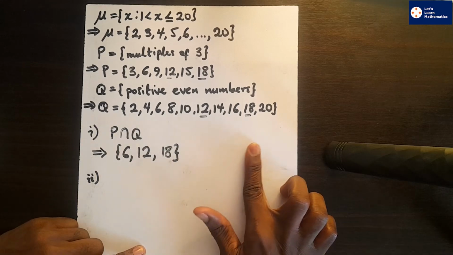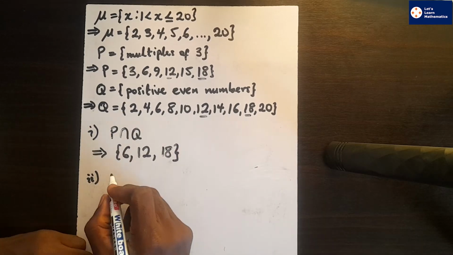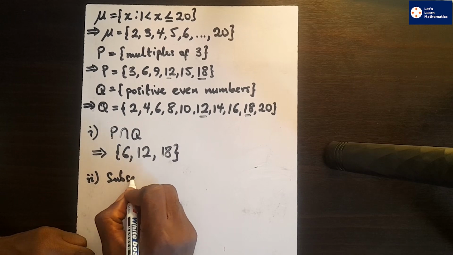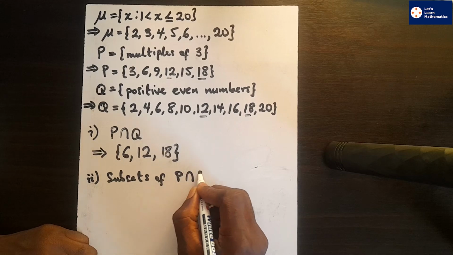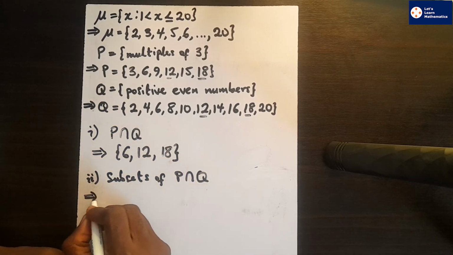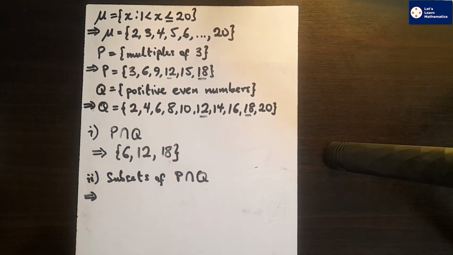Subsets of P intersection Q. The first subset of every set is the empty set.